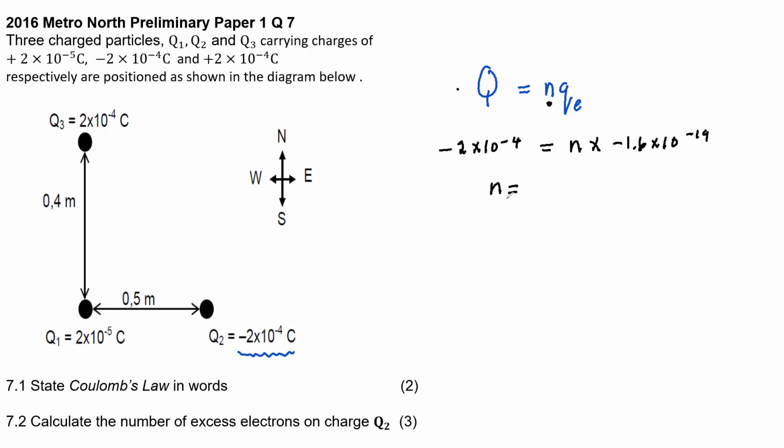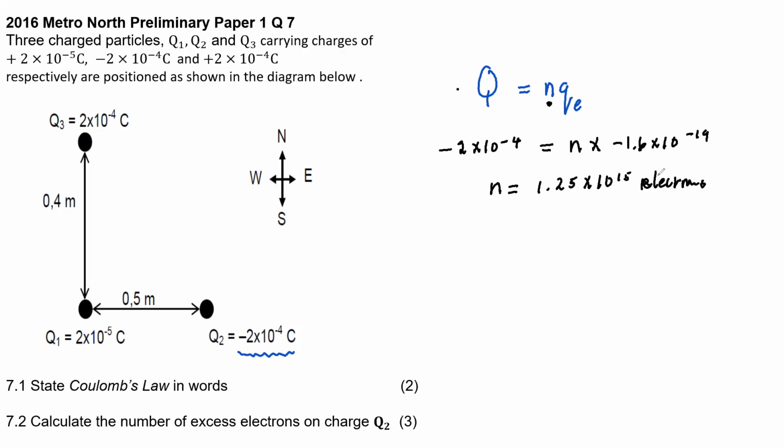As an answer, you will get 1.25 times 10 to the power 15 electrons. So this will be the number of electrons in excess, which ultimately gives us the charge on Q2 as -2 times 10 to the power -4.